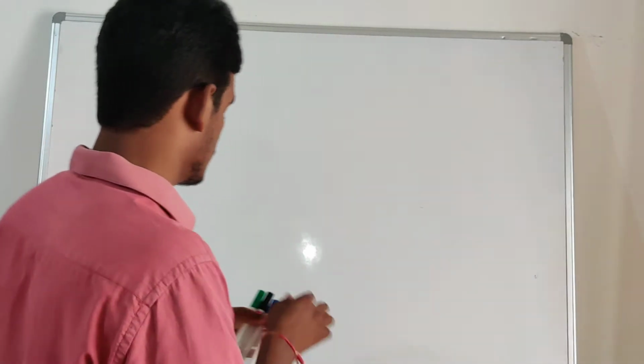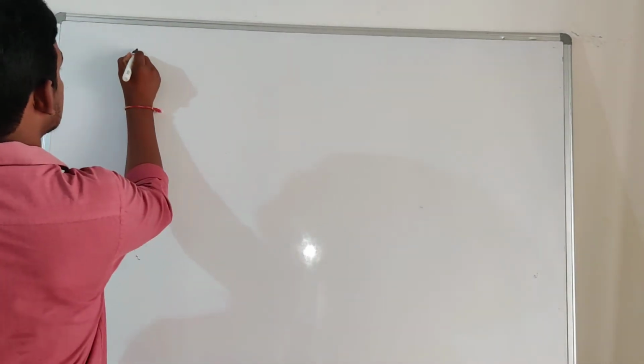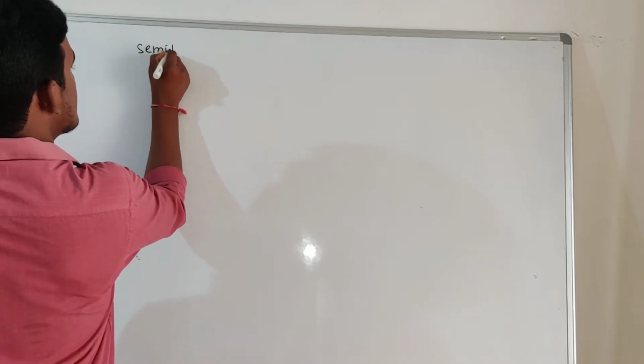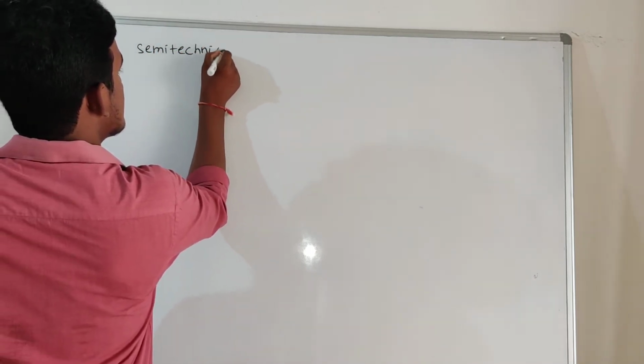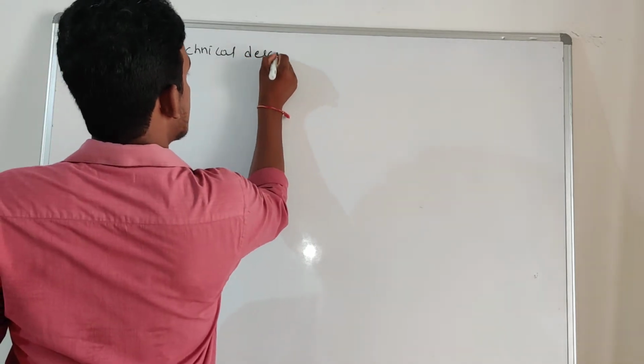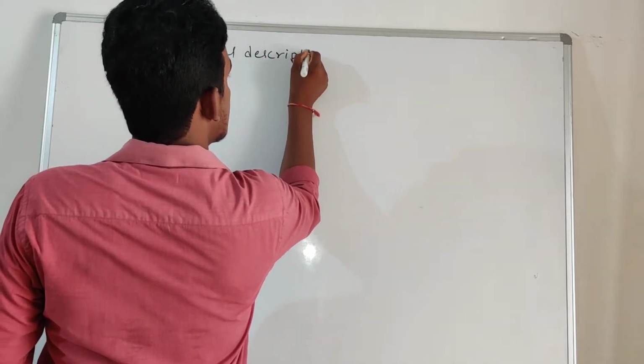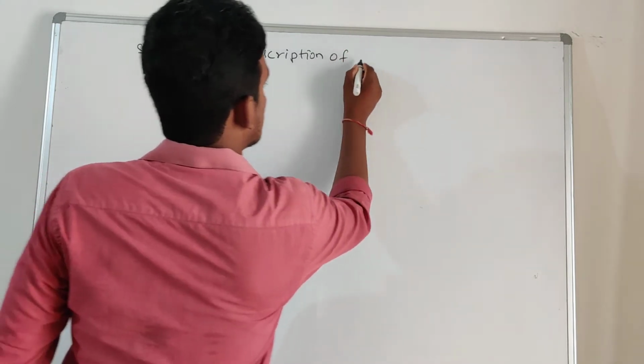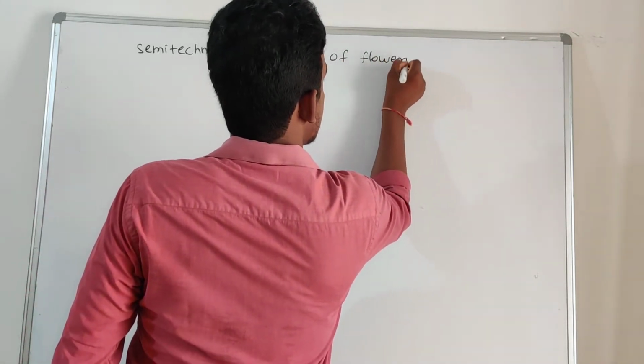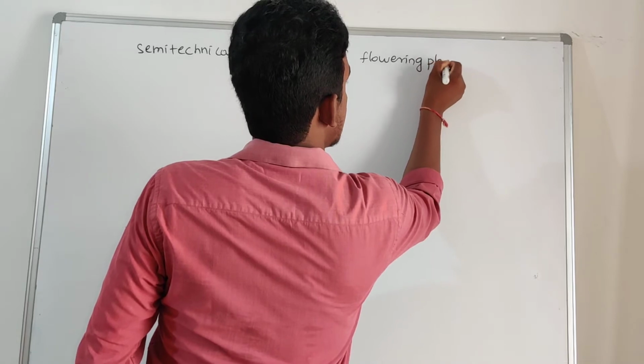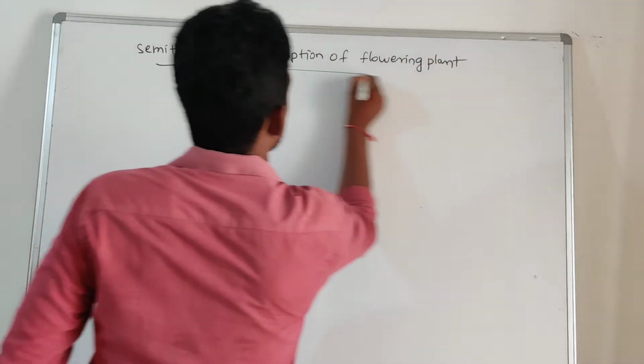In the last lecture we discussed the structure of monocotyledon seed and dicotyledon seed. Now we are going to discuss a new topic, a semi-technical description of a flowering plant.